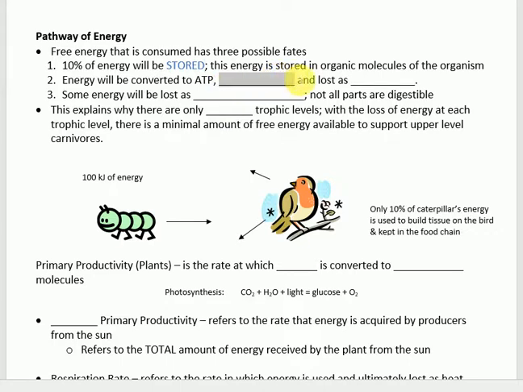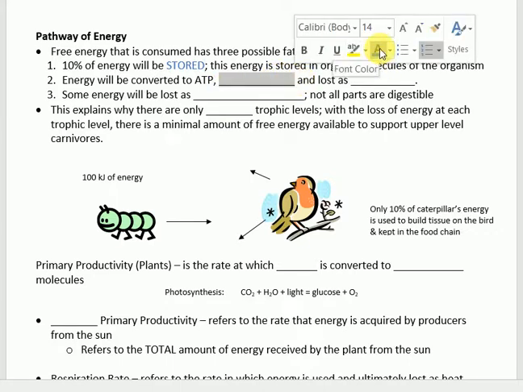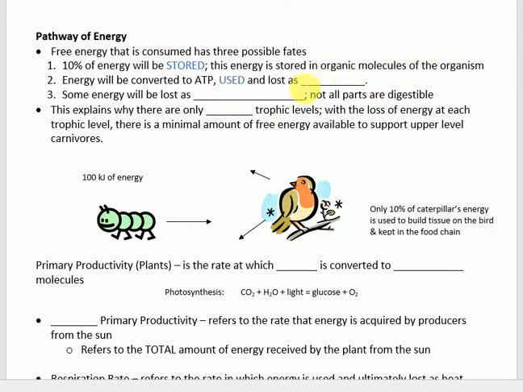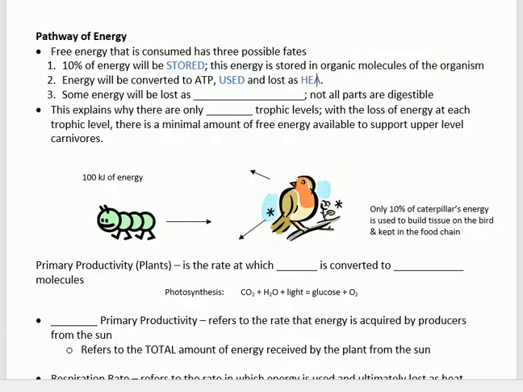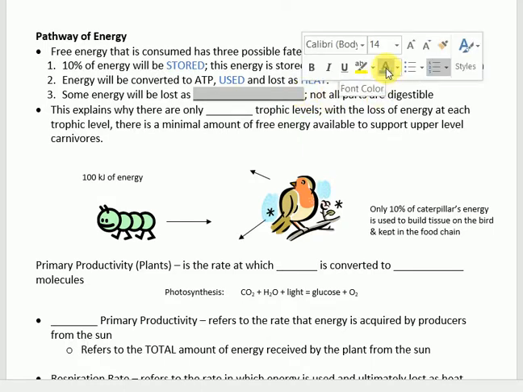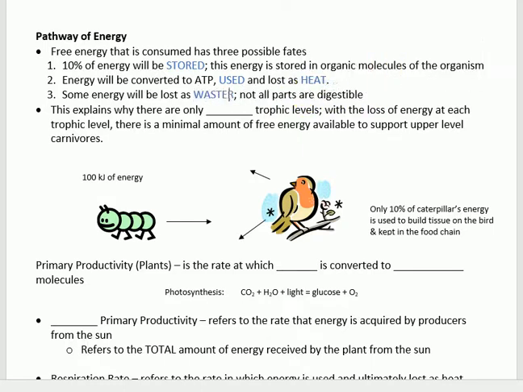Second, the energy will be converted or used in ATP, and then it will be lost as heat. Because remember, in every process we lose some heat. And then some energy will be lost as waste because we cannot digest everything.